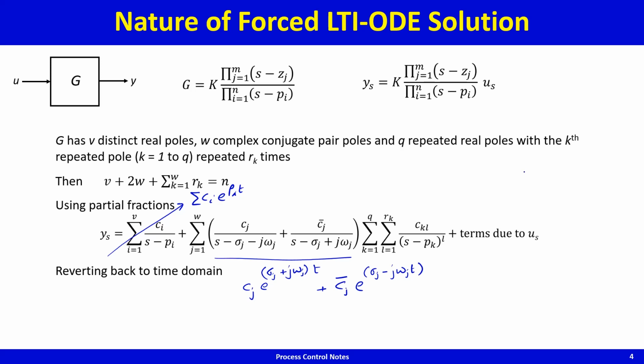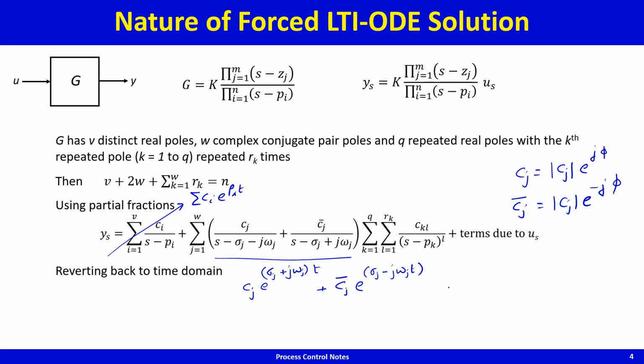And if I express C_j in the polar form, the coefficient is expressed like this, and C_j bar is going to be the same thing, except that the angle is now negative. This assumes that the number C is in the first quadrant or in the fourth quadrant.